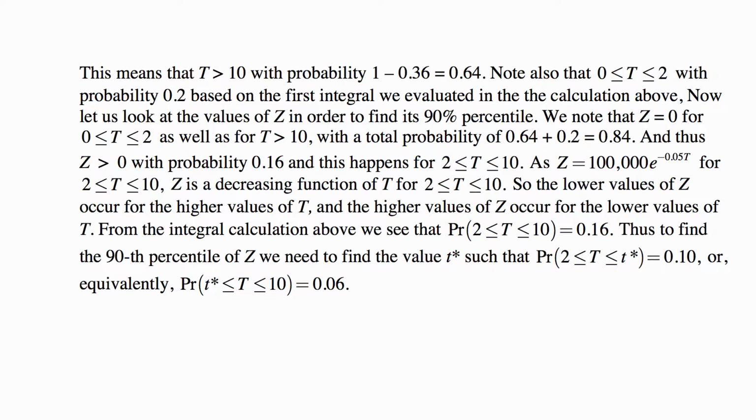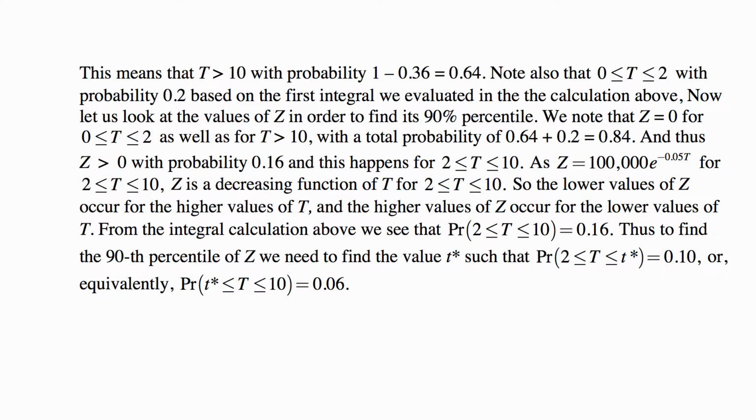From the integral calculation, the probability of t between 2 and 10 is 0.16. So to find the 90th percentile of Z, we need to find the value t star such that the probability that t is between 2 and t star is 0.10, or equivalently, find t star such that the probability of t being between t star and 10 is 0.06.